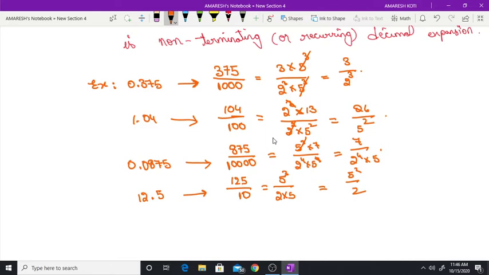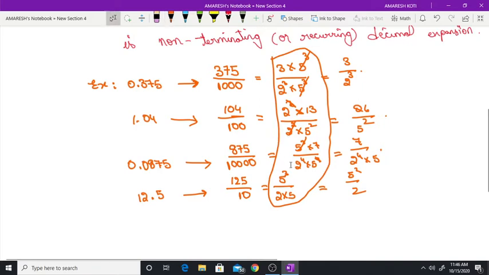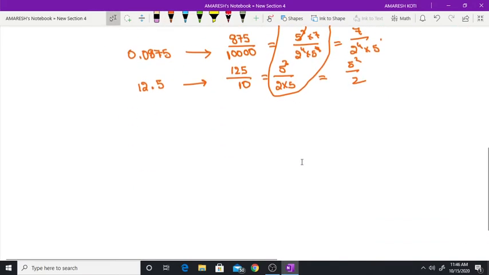So by seeing all these, what did you conclude? What did you observe? That is what is there in theorem 1.3. Let x be a rational number whose decimal expansion terminates.